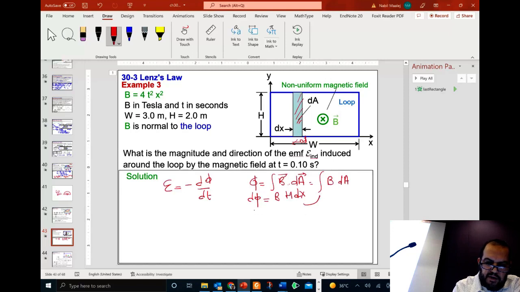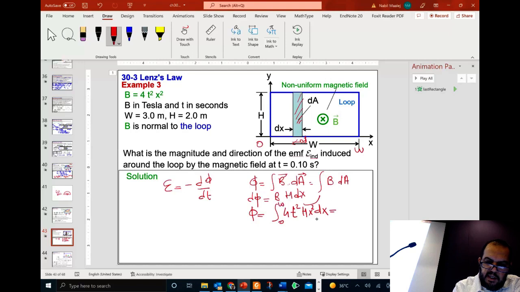The total flux becomes the integral of B h dx, and let me replace B. B is 4t squared, h times x squared dx. We have to integrate this from x going from 0 to W.